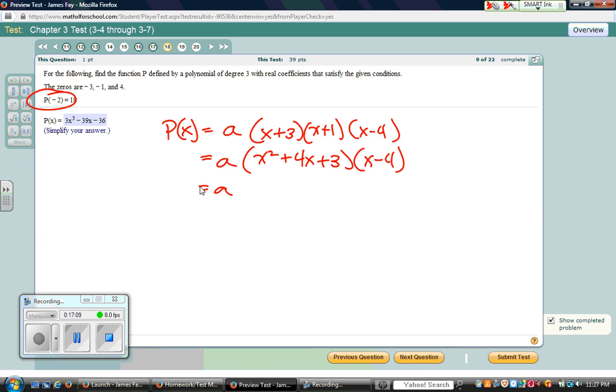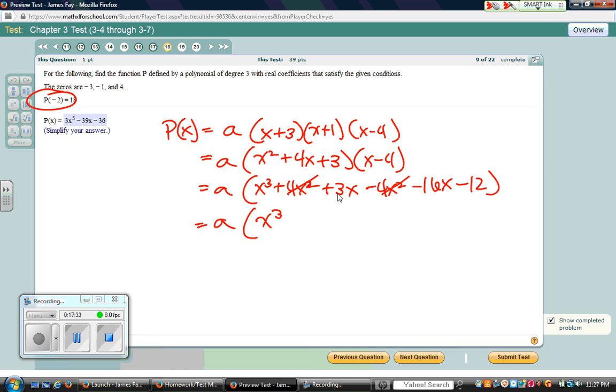So now I'll have a, multiply this out: x times x squared is x cubed plus 4x squared plus 3x minus 4x squared minus 16x minus 12. So we have a, x cubed, the 4x squared and negative 4x squared go away, minus 13x minus 12.